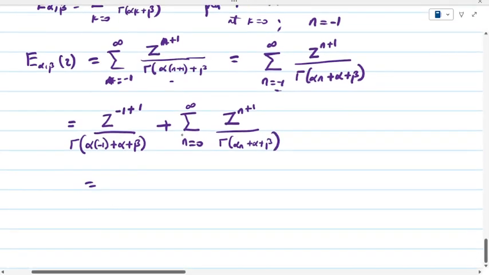So minus 1 plus 1 will be 0, so I have z^0 equals 1.